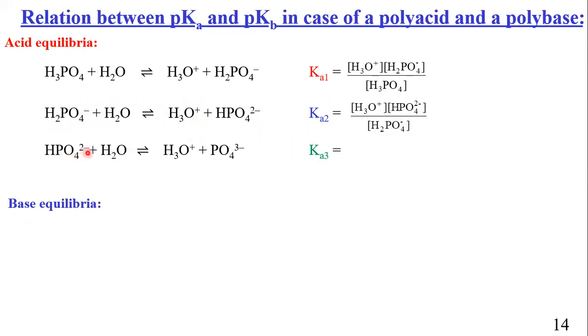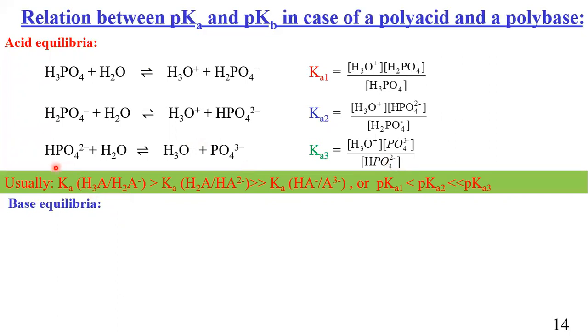The HPO4 minus loses another proton, gives it up to water, and it becomes PO4 minus because it lost that proton. And again, Ka3 in this case, because this is an acidic reaction, is products divided by reactants: PO4 minus divided by HPO4 minus.